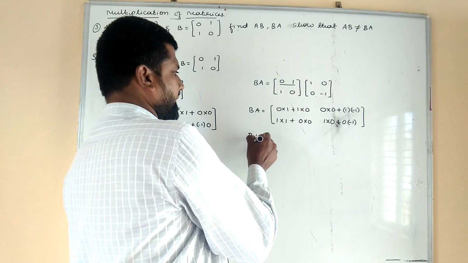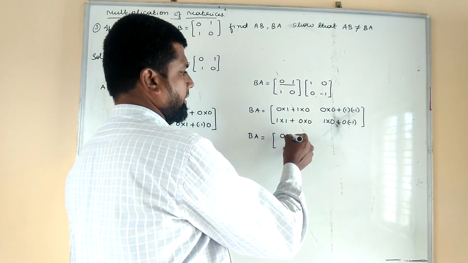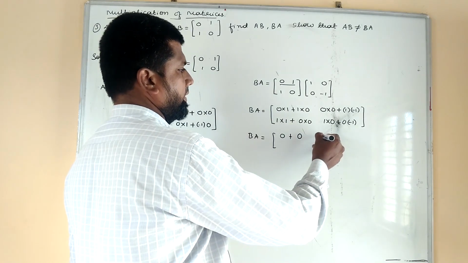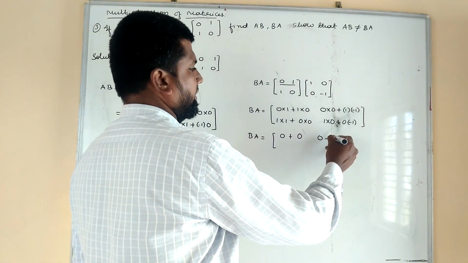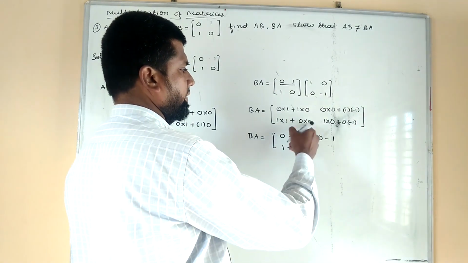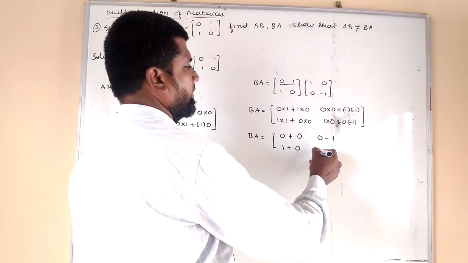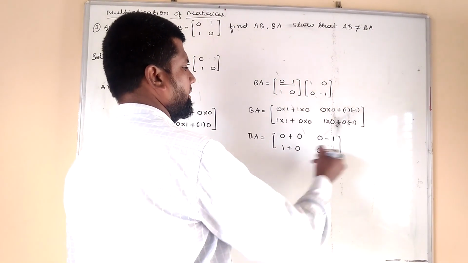So BA is equal to 0 into 1 is 0 plus 1 into 0 is 0, then 0, then plus into minus, minus, 1 into 1 is 1 plus 0 into 0 is 0, and 1 into 0 is 0 plus 0 into minus 1 is 0.